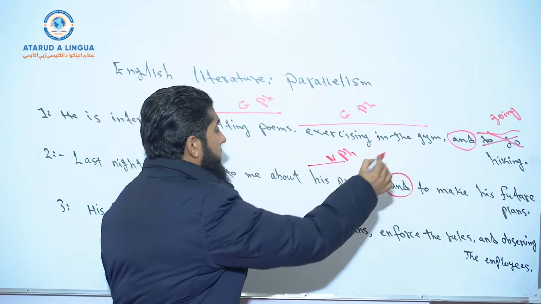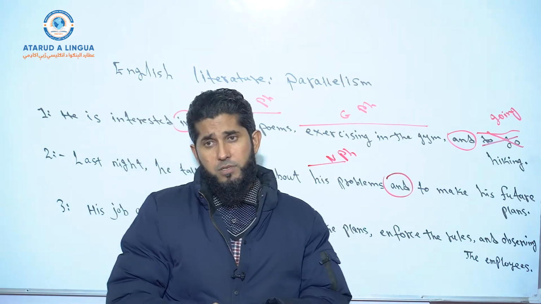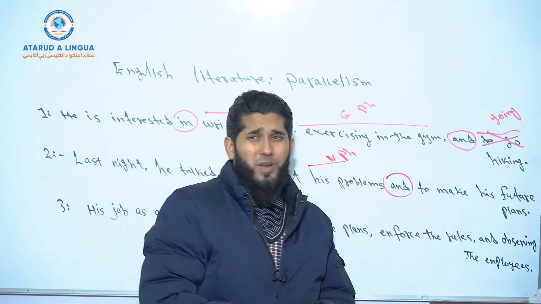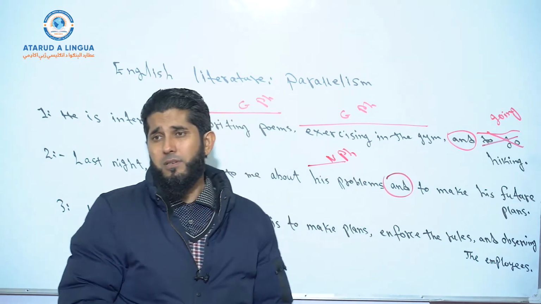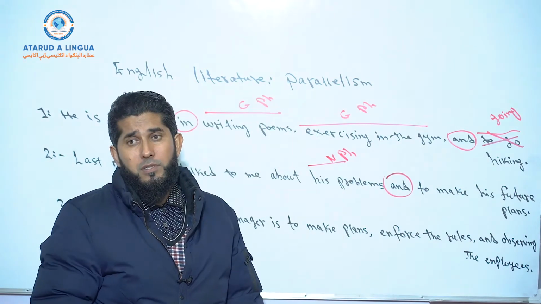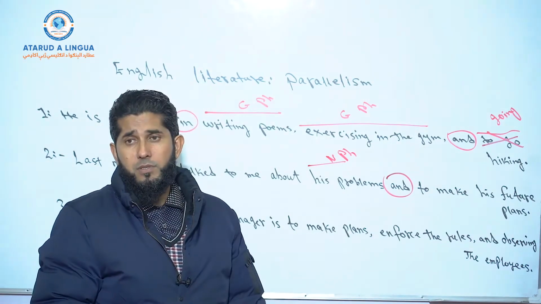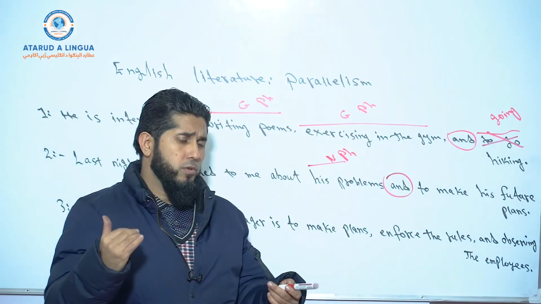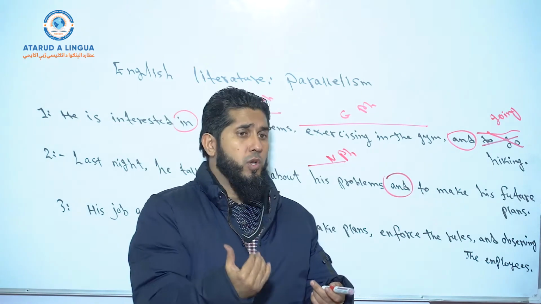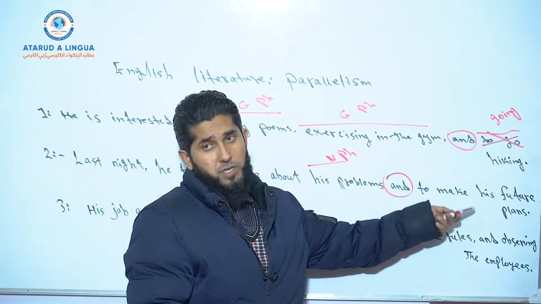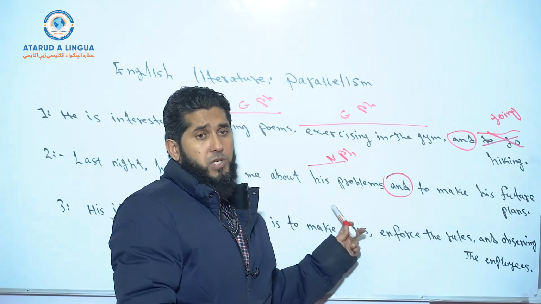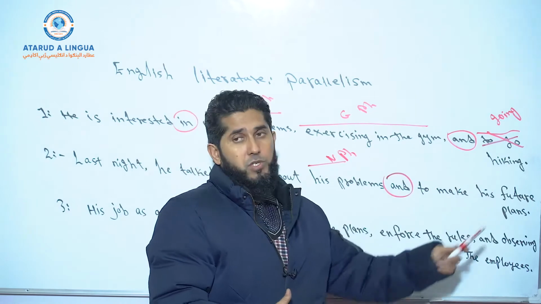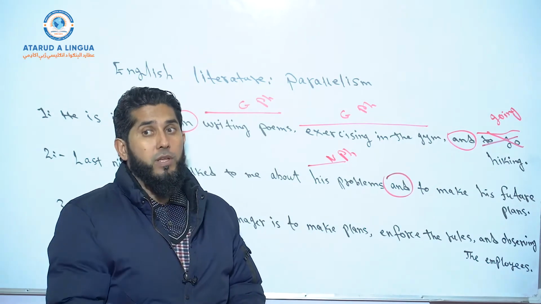So what do we need after the conjunction? We need a noun or noun phrase. And "to make his future plans" is an infinitive phrase. So an infinitive phrase doesn't go with a noun phrase. Understood? So according to parallel structure, we need a noun phrase after the conjunction as well. Before the conjunction, we have a noun phrase. After the conjunction, we need another noun phrase. Okay?